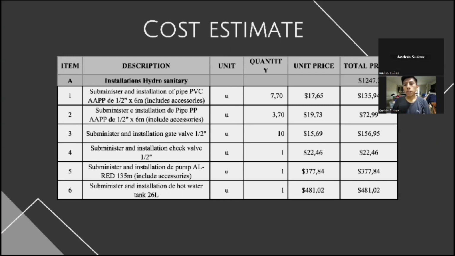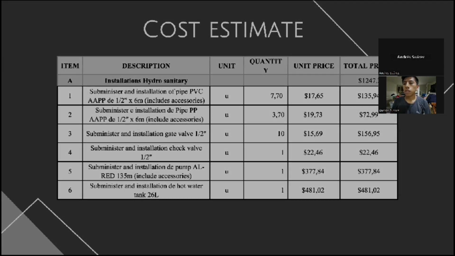Data like rendimiento and hourly salary necessary for the APUs were obtained from the Cámara de la Construcción de Guayaquil. It's necessary to clarify that the unit prices and quantity of items 1 and 2 are not per linear meter, but rather per each 6 meter pipe. Finally, the estimated cost of the domestic water supply is $1,247.